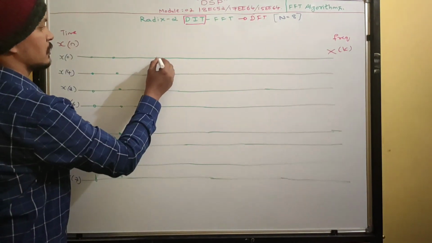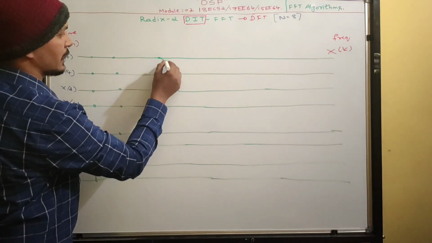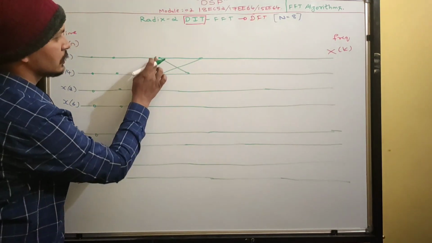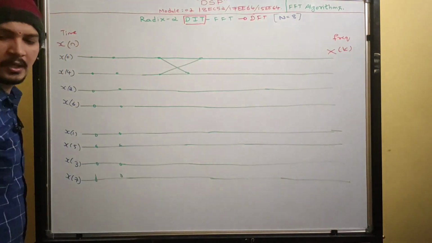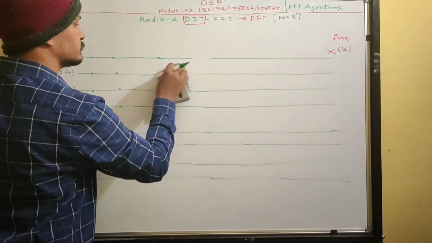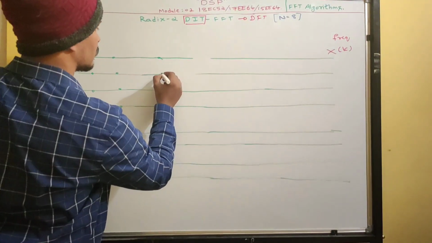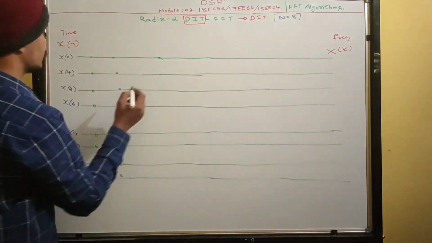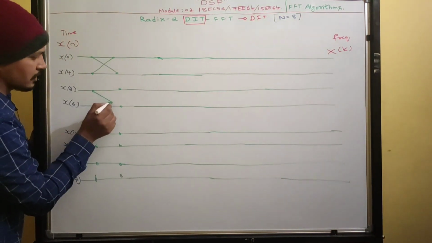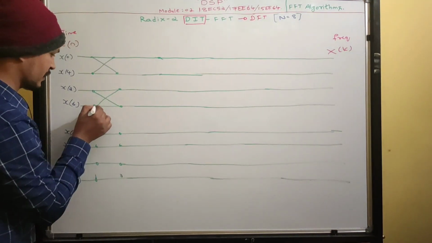Otherwise what happens? One will connect going to here, and this will connect somewhere here, so it looks not good. That's why I am putting dots first. Okay, fine. So now just you connect like this, just like rangoli.